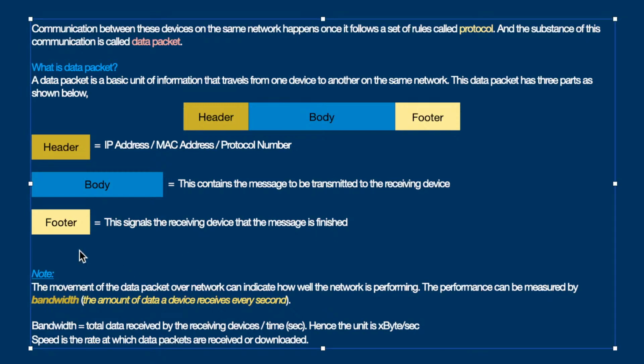Note that the movement of the data packet over a network can indicate how well the network is performing. Sometimes when we are communicating over Zoom or wherever, somebody might be saying something and you are not hearing the person.